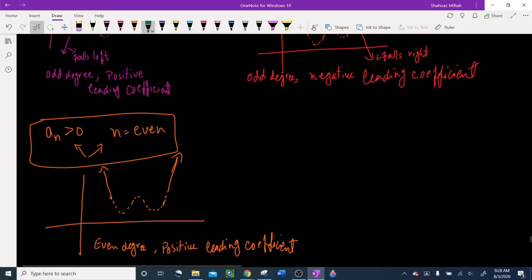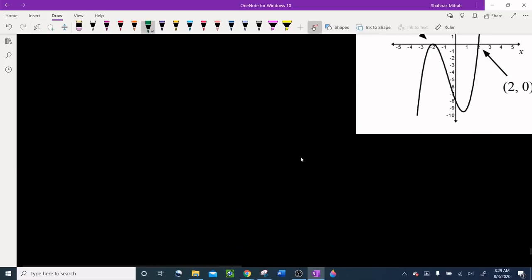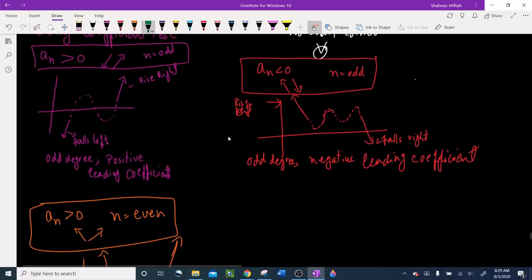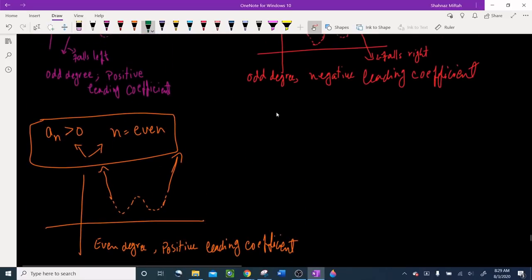If my leading coefficient is... why doesn't it work? I move them. Okay, good. Now the leading coefficient is less than 0 and the degree is even.